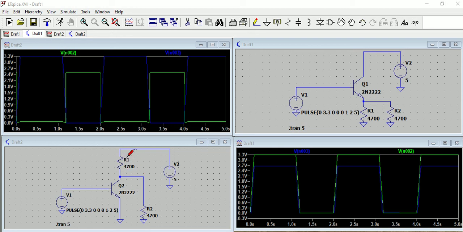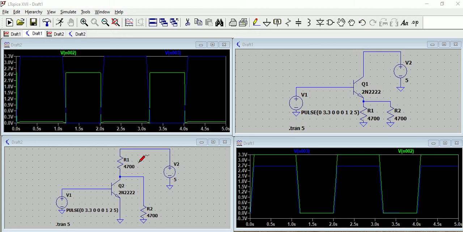So during this switch condition, the output is mainly determined by the resistive divider voltage between R1 and R2. R2 is nothing but the load, R1 is the collector resistor. So for example, here we have 2.5 volt, because we have equal resistors, the 5 volts is equally divided between these two.